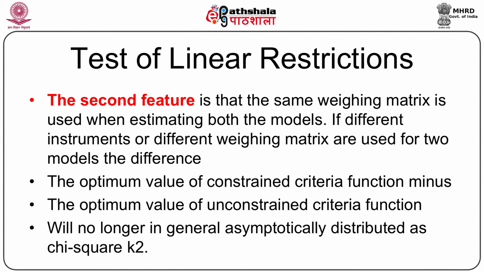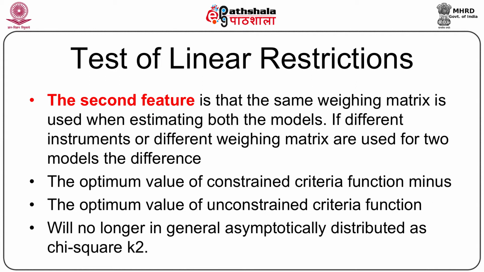If different instruments or different weighting matrices are used for the two models, the difference between the optimum value of the constraint criteria function and the optimum value of the unconstrained criteria function will no longer in general be asymptotically distributed with chi-square k2 degrees of freedom.